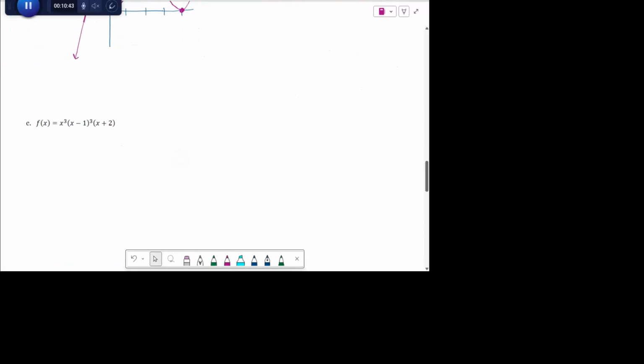All right, let's do one more example. So let's find our x-intercepts first. From our first factor here, 0 is equal to x cubed, or from our second factor, x minus 1 cubed is equal to 0.